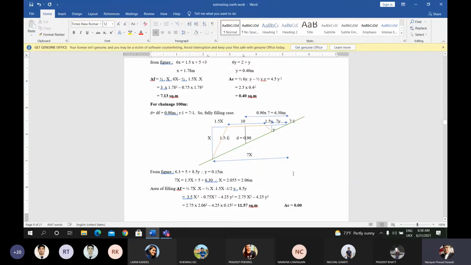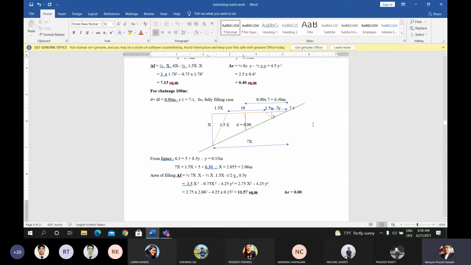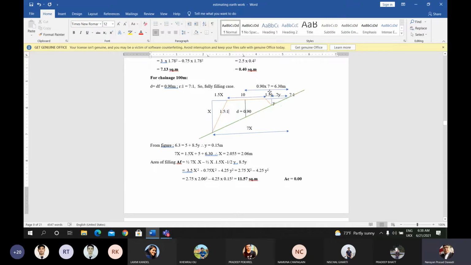Now for the 6.30 meter, the total road width is 10 meter, and this portion is 5 meter and the remaining portion is also 5 meter.